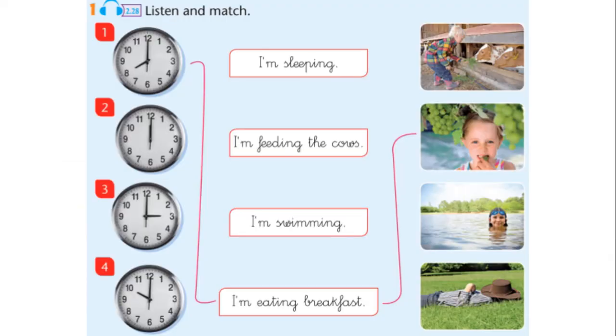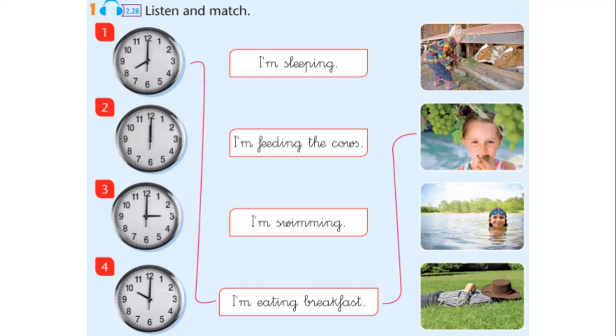Now we have to listen and match the clocks to the correct sentence and picture. First, let's read the sentences. I'm sleeping. I'm feeding the cows. I'm swimming.